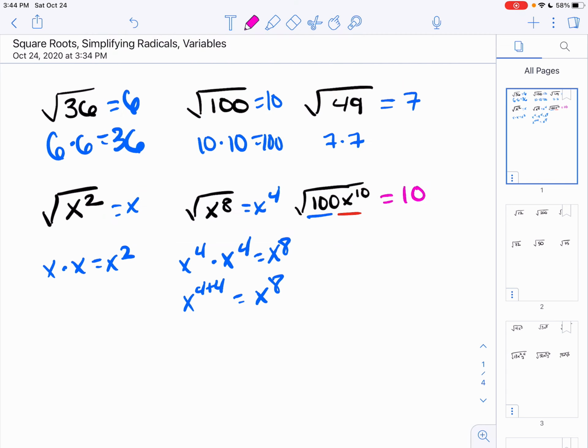And the square root of x to the 10th, because 10 is an even number, 10 divided by 2 is 5. So the square root of x to the 10th is x to the 5th. The reason why I divided 10 by 2 is because x to the 5th times x to the 5th equals x to the 10th.